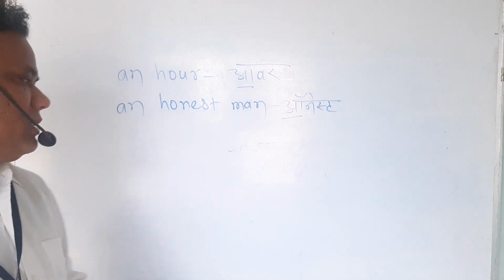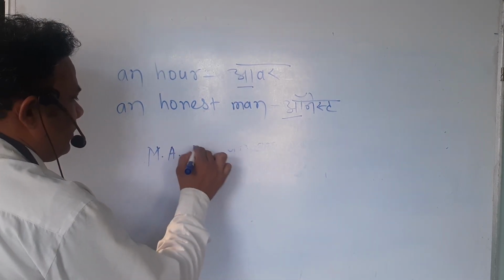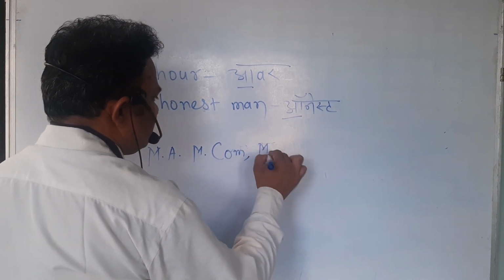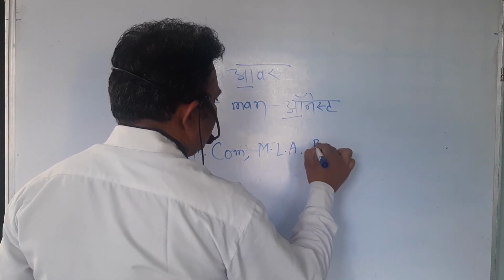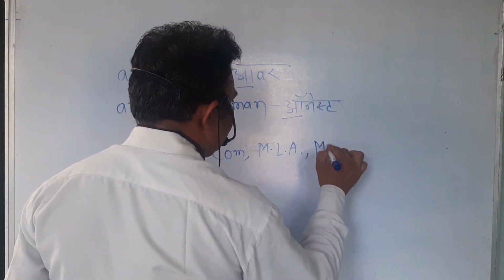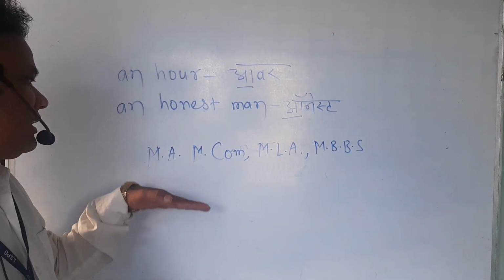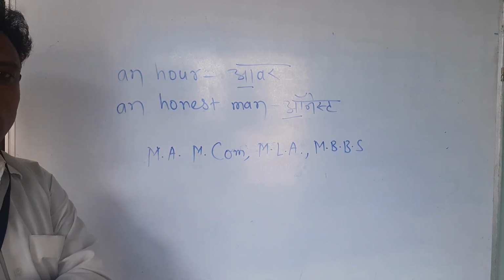Now one more rule is there. See these words: MA, MCOM, MLA, MBBS. All these words are starting with the letter M, and actually the letter M is a consonant.